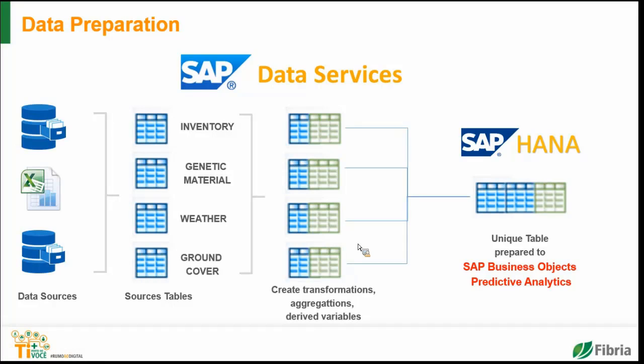For example, we create variables for the weather in the summer, the level of rain in the summer, and rain at morning, afternoon and night. So we create a lot of aggregations and new variables, and we relate them together at the end, storing this final table in the SAP HANA, to be used in SAP Business Objects Predictive Analytics.